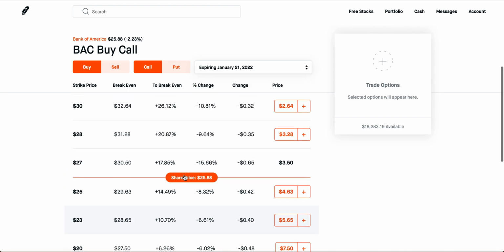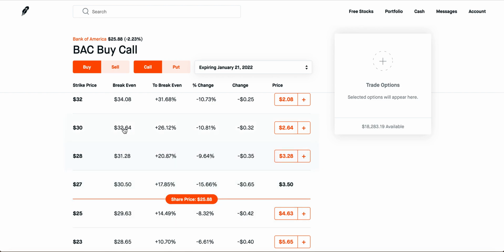If you are getting the 30 strike, you are not even in the money. So it has to go $5 up to make that money. Basically, if it reaches like 29 by that year, you make zero. You don't make any money, because you lost 264, basically not much. So you lost a little bit, but you did not make any money.